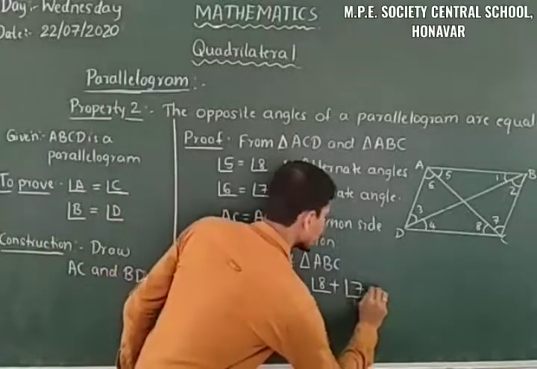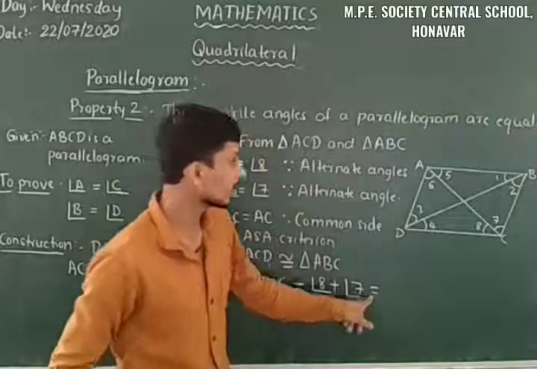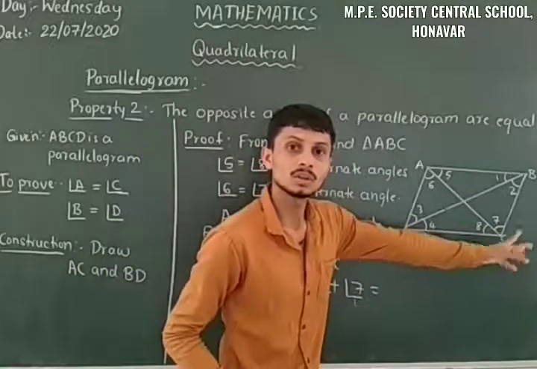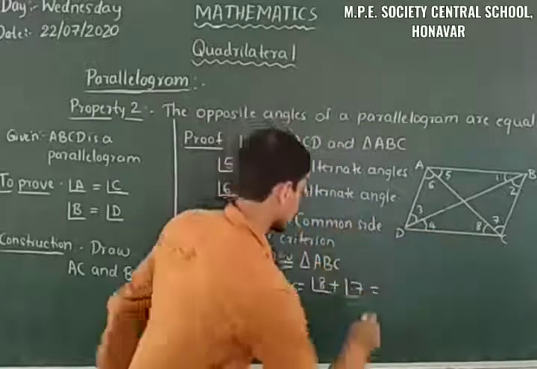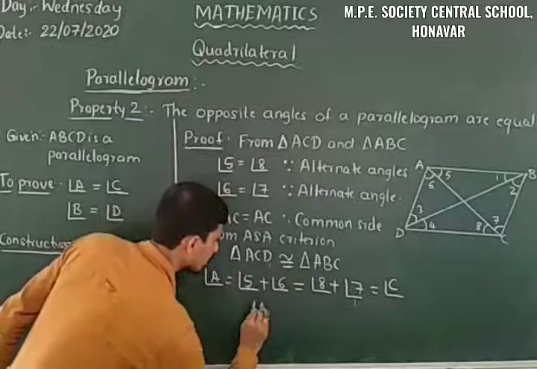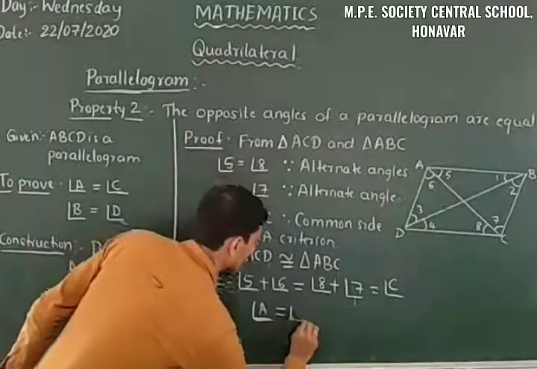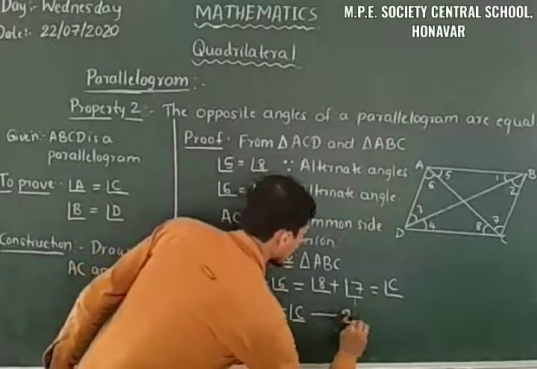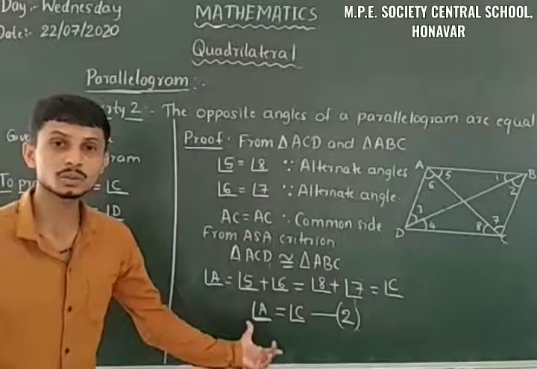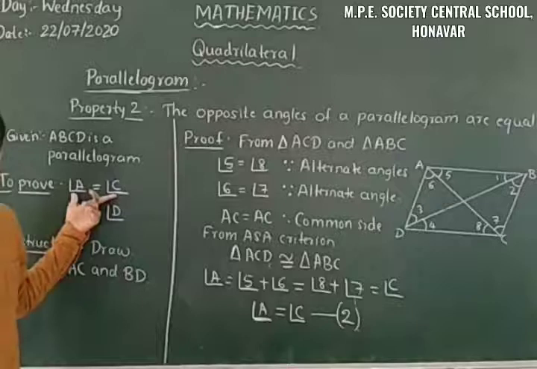When we take the sum of angle 8 and angle 7, it becomes the whole angle C. So angle A is equal to angle C. It is equation number 2 here.